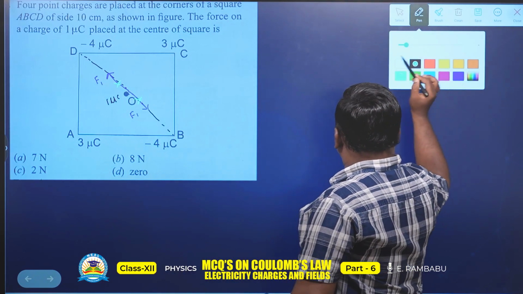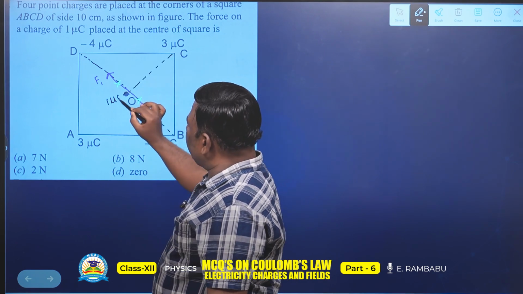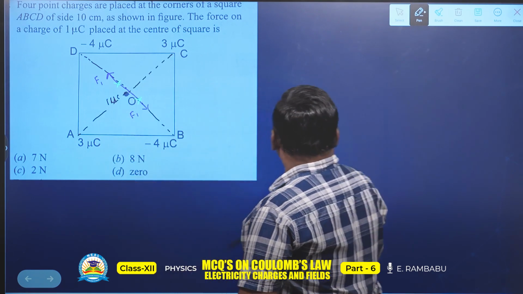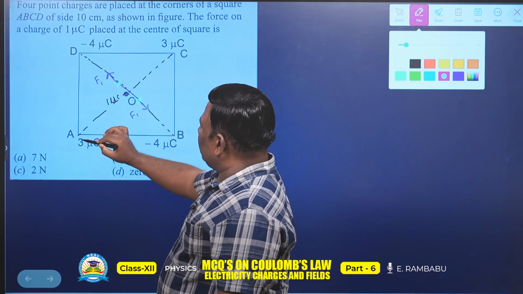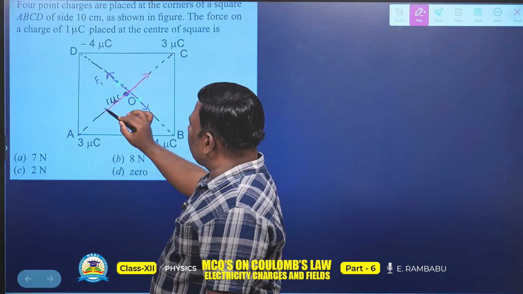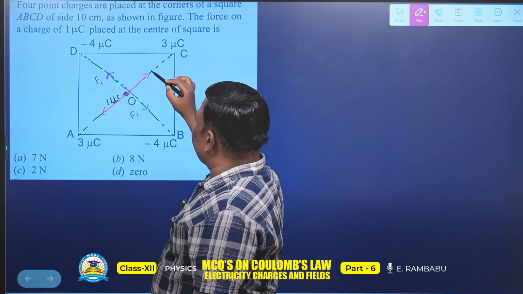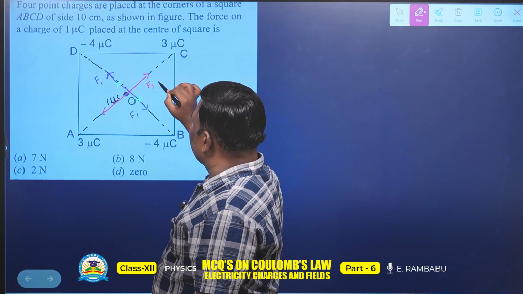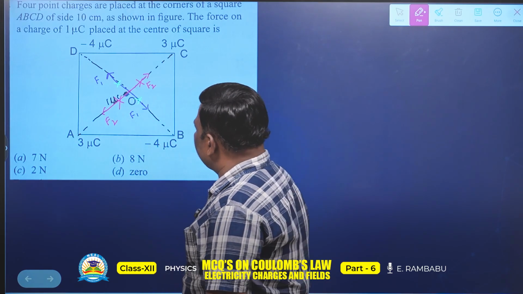Similarly, when we consider here, this is plus 3 microcoulomb and this is also plus 3 microcoulomb. In this situation, repulsive force exists. It repels the 1 microcoulomb in this direction, and it repels the 1 microcoulomb in this direction. Both are the same charges at equal distance, so it is F2, and it is also F2. Both forces are again cancelled.